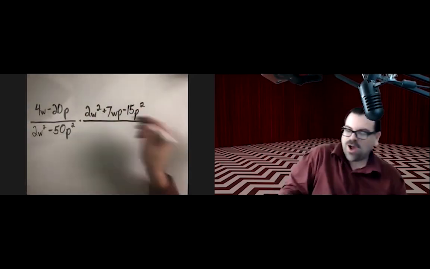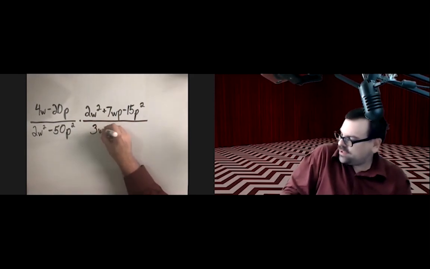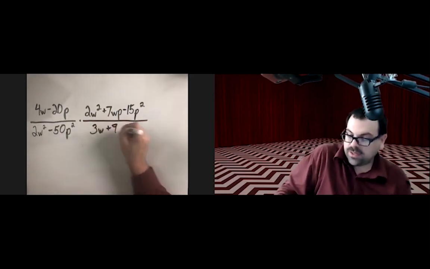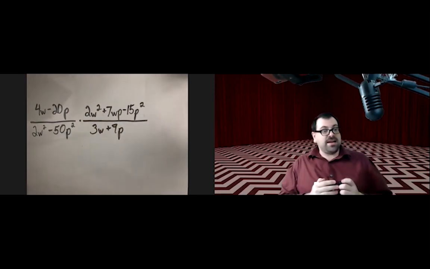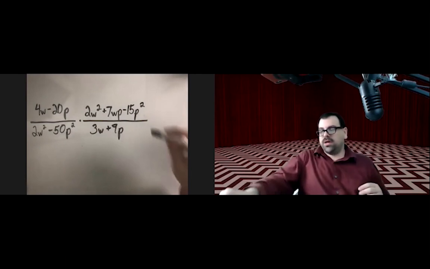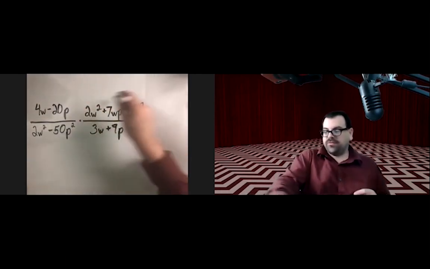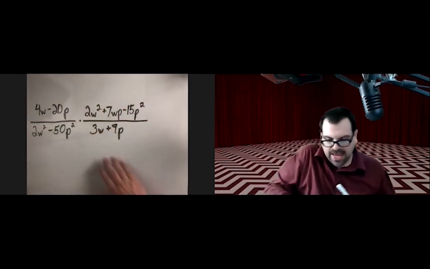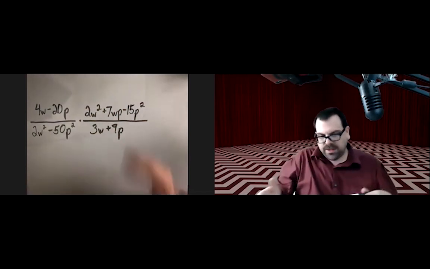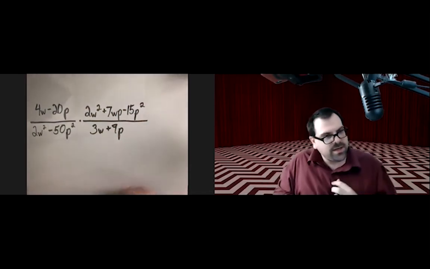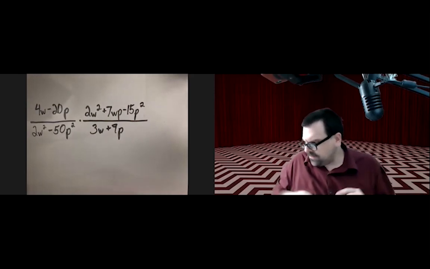Wow. All over 3w plus 9p. Since it's going to take up the most room, I want to factor this one first just because of the space that I have. As we begin putting answers in, I'm going to lose my space.